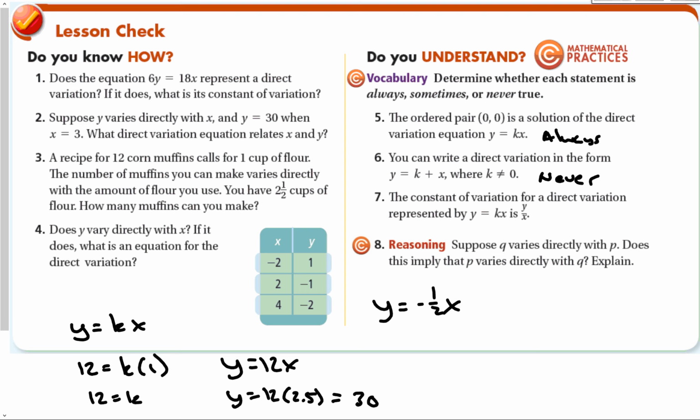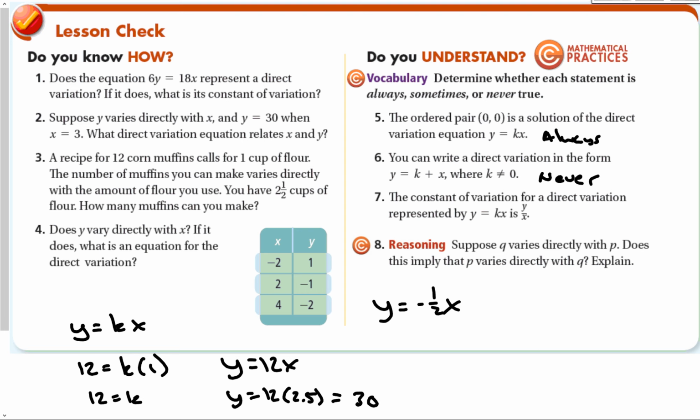The constant of variation for a direct variation represented by y equals kx is y over x. That would normally be true if one of them is 0, the other is 0.